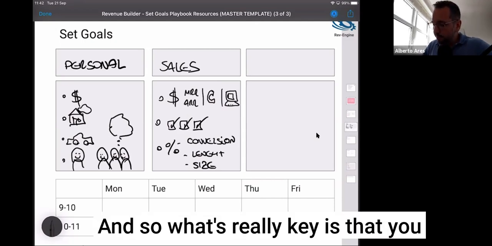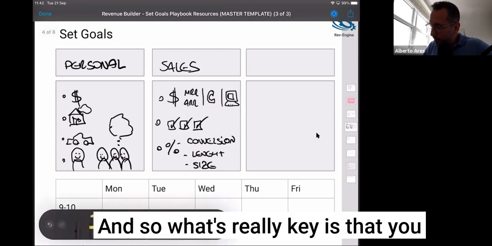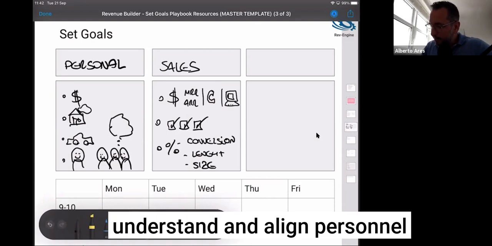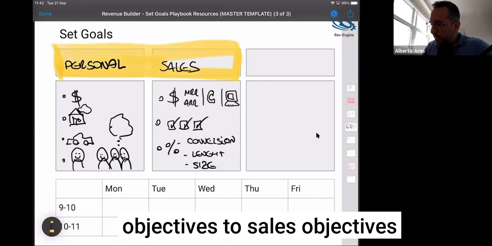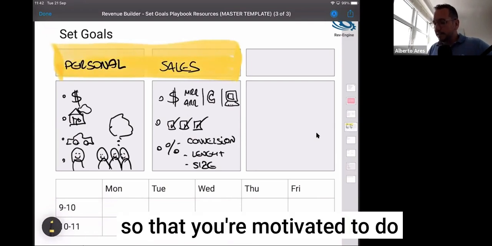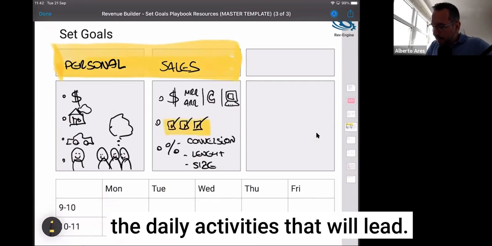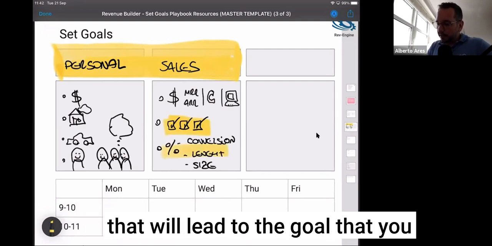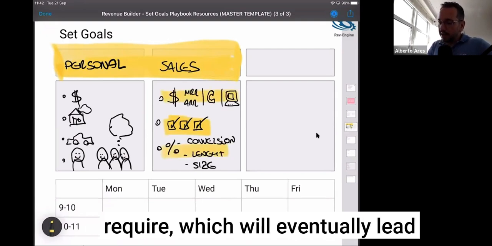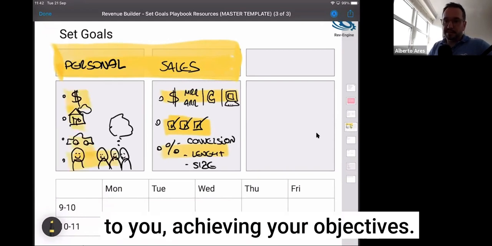And so what's really key is that you understand and align personal objectives to sales objectives, so that you're motivated to do the daily activities that will lead to the effectiveness that you require, that will lead to the goal that you require, which will eventually lead to you achieving your objectives.